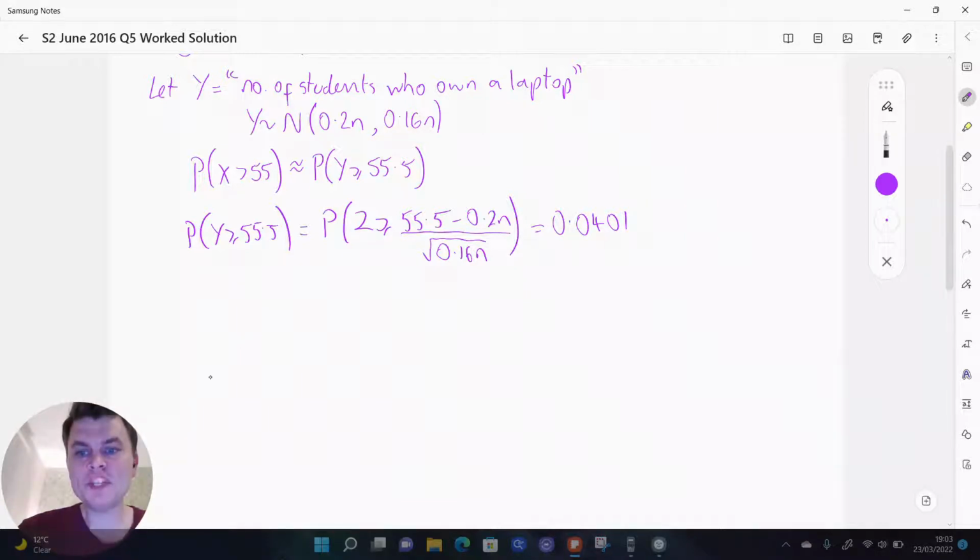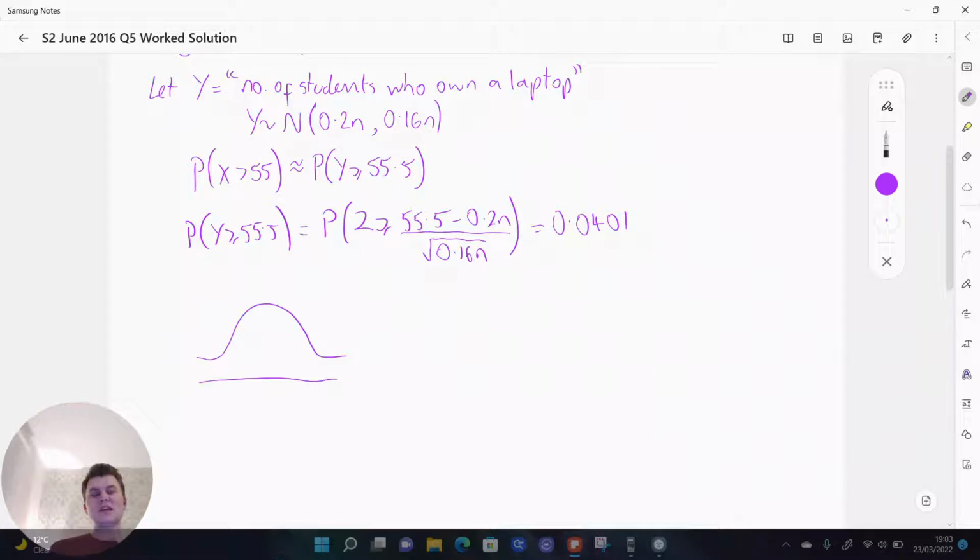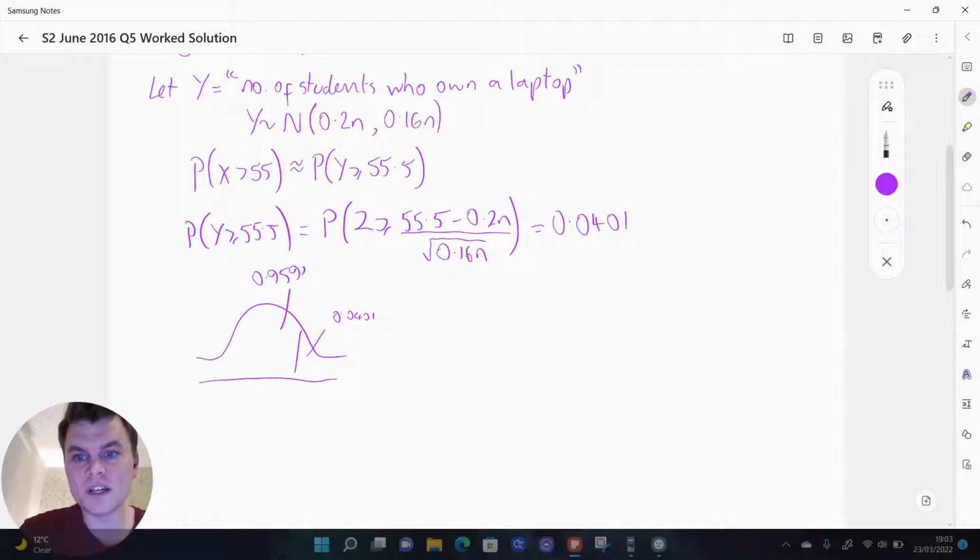Okay. Now, consider the calculator that we have available to us. The calculator will always give us a probability of less than or equal to. So it's just worth considering if the probability of it being greater than or equal to is 0.0401, the probability of it being less than or equal to will be simply 1 minus that. When I do 1 take away 0.0401, I get 0.9599.